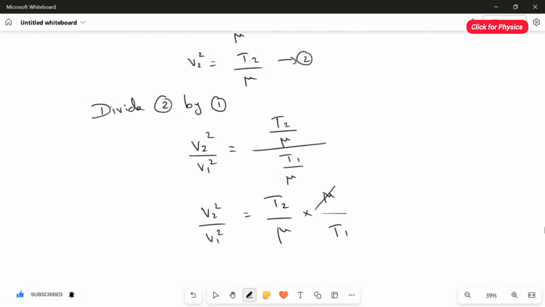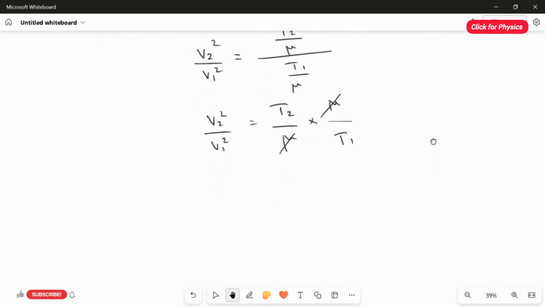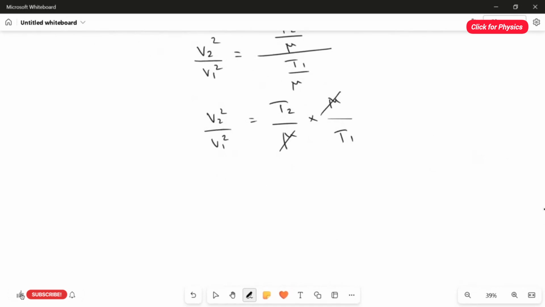So we can cancel this mu upside and downside. So the equation takes a different form: V2 squared over V1 squared equals T2 over T1.